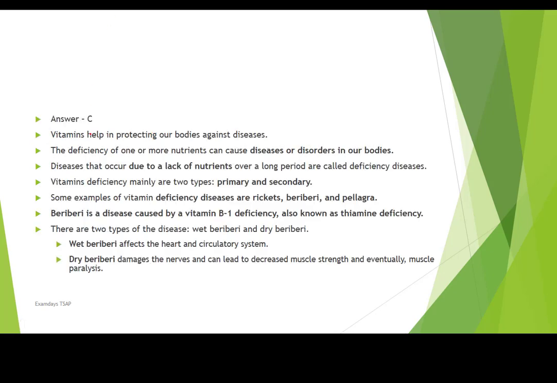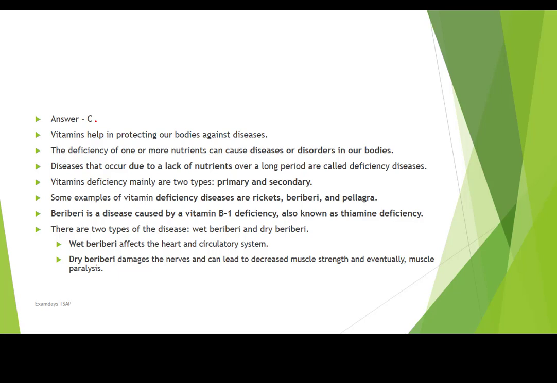Yes, as the explanation shows, vitamins help protect our bodies against all diseases. The deficiency of one or more nutrients can cause disease or disorder in our bodies. Diseases that occur due to a lack of nutrients over a long period are called deficiency diseases.